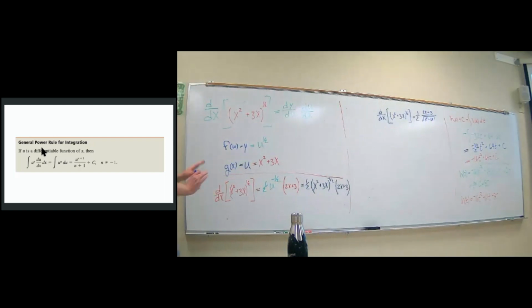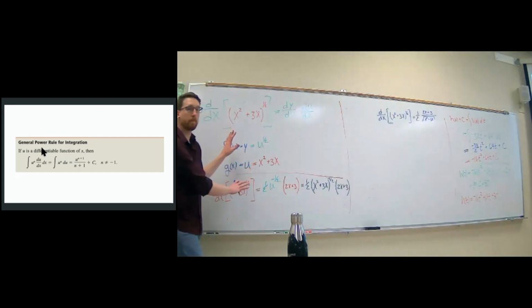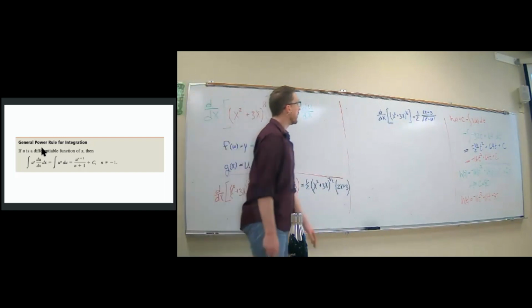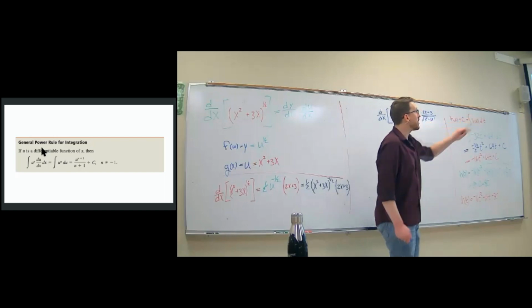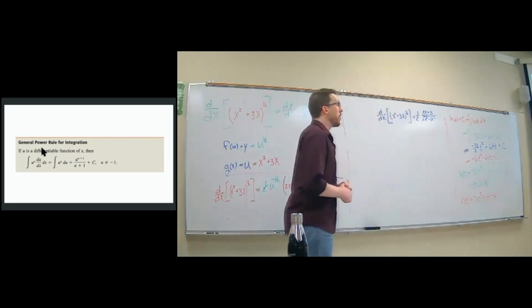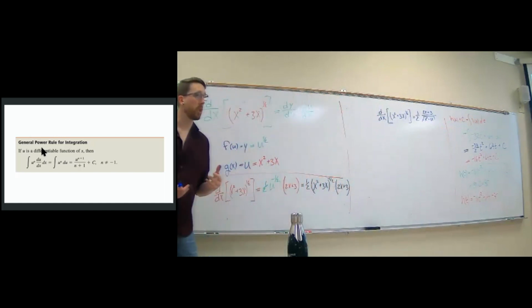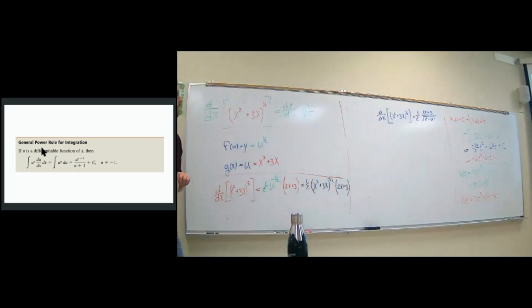Now, let's say you didn't know this. And I said, integrate this thing. That's what this general power rule for integration allows us to do. It allows us to say, how do we undo the chain rule?